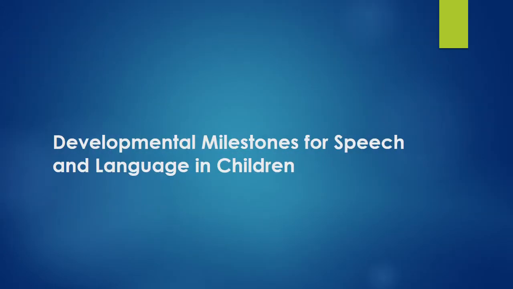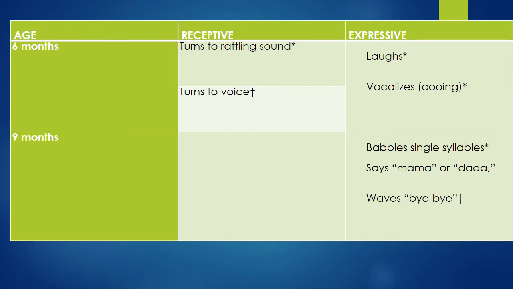Now, I have also included the developmental milestones for speech and language in children for us to know if a child is too early or too late in developing the language. When a child is developing the language normally, at the age of 6 months, a child can turn to rattling sound and can turn to voice.